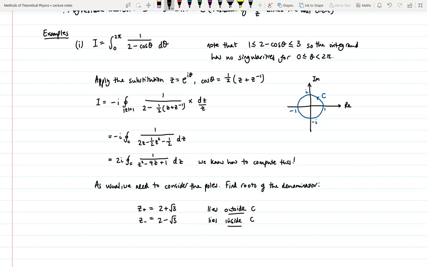I'll draw a little picture here again. We have the unit circle, and our singularities are z minus, which is enclosed, and z plus, which is outside our contour. And this is traversed anti-clockwise.